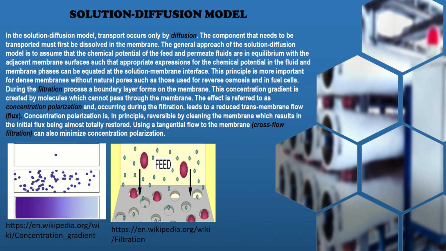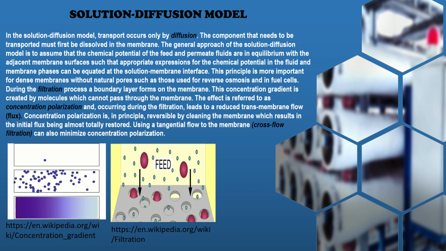The general approach of the solution diffusion model is to assume that the chemical potential of the feed and permeate fluids are in equilibrium with the adjacent membrane surface, such that appropriate expressions for the chemical potential in the fluid and membrane phases can be equated at the solution membrane interface. The principle is more important for dense membranes without natural pores, such as those used for reverse osmosis and in pervaporation. During the filtration process, a boundary layer forms on the membrane.